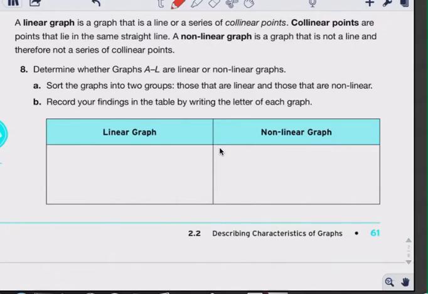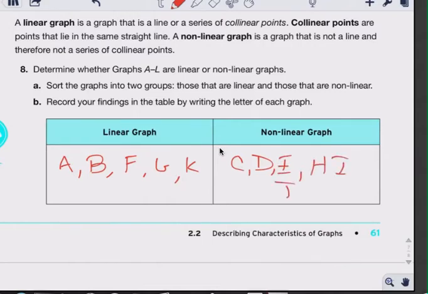Go ahead, the recorder. A, B, F, G, K. And the other one? C, D, E, H, I, J, L. Are they right? Yes. Are they correct? Yes. Okay.